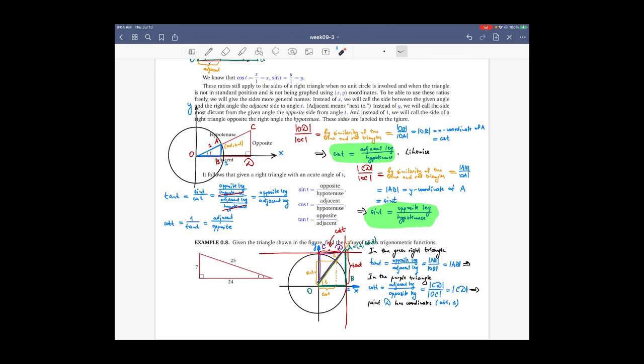All right, let's solve an example. We're given a triangle in the picture, and we need to find the value of all 6 trigonometric functions of t, of course.